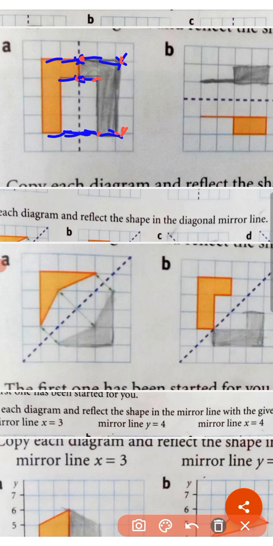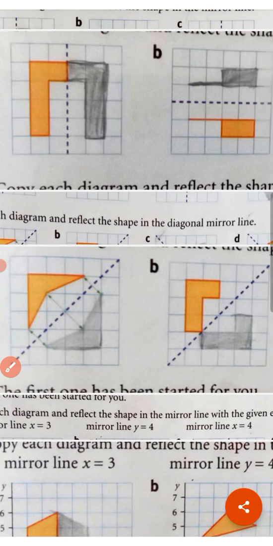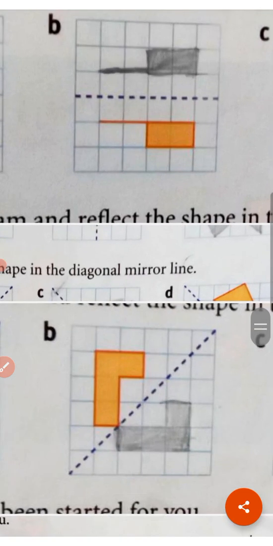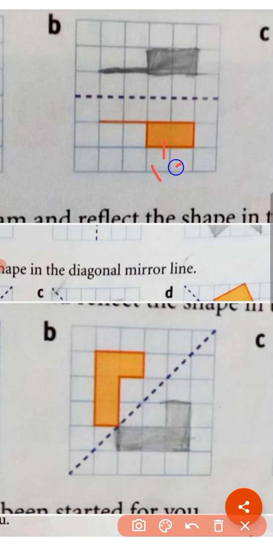Let me explain few examples. In this figure, this is the object. Okay. It is given. First you check the distance. 1 unit. So here 1 unit.